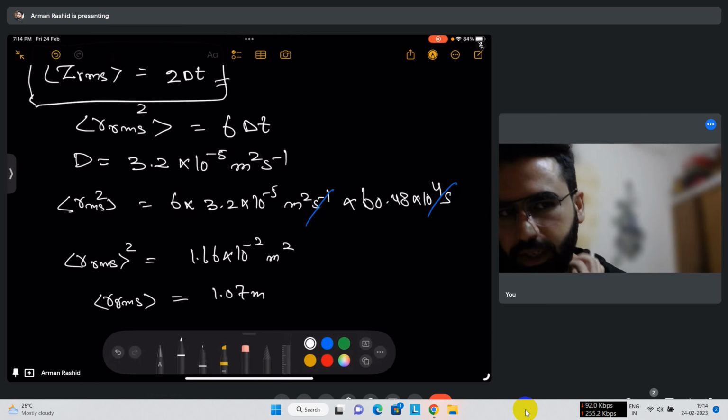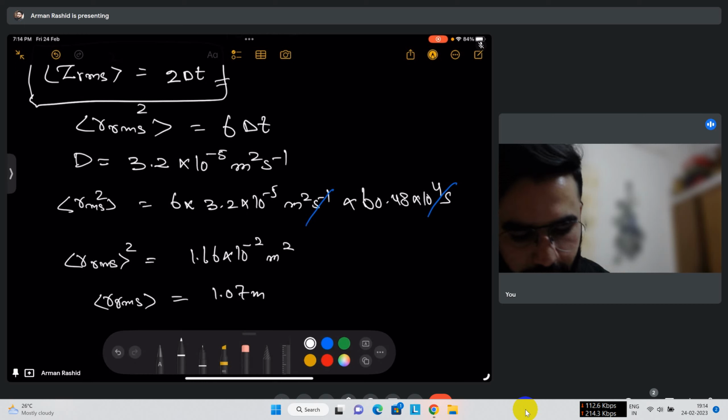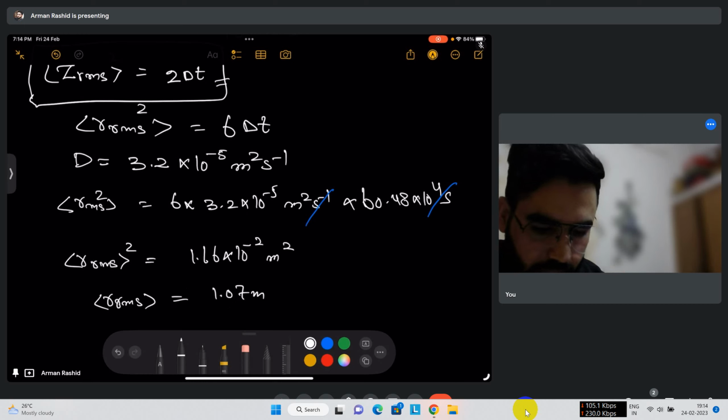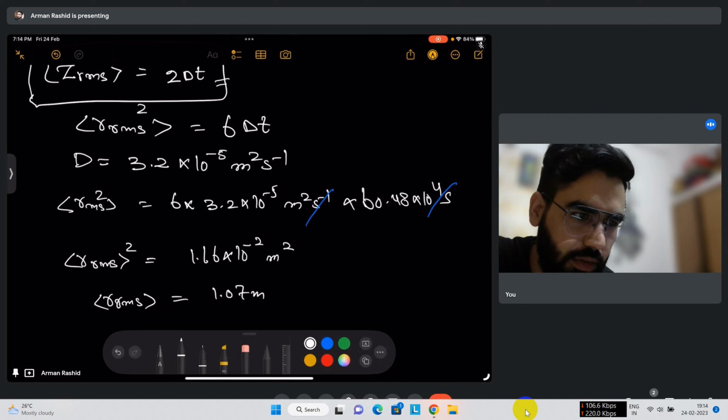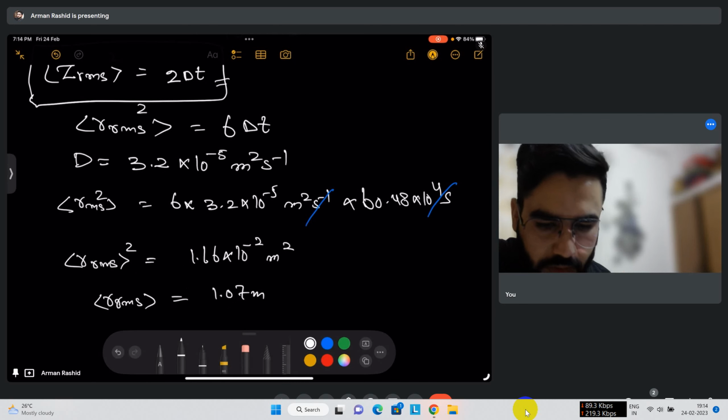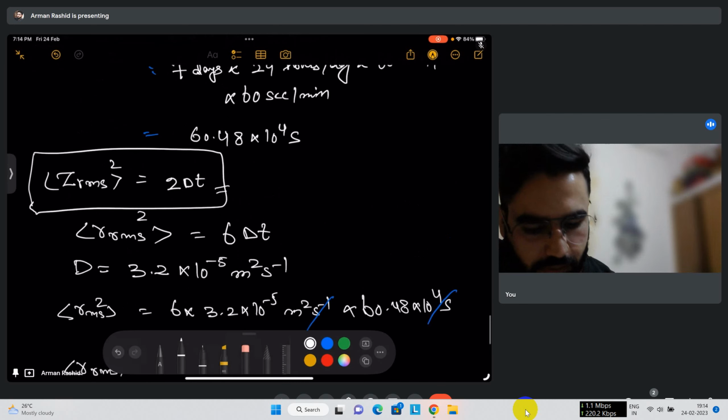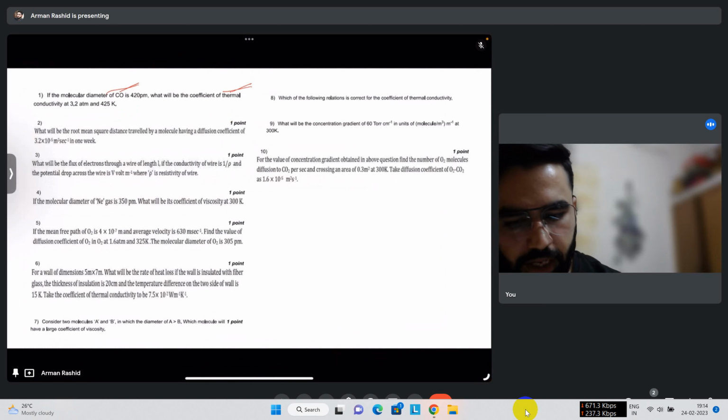So what we have taken here is the displacement. That displacement is the mean square, so we just took the root of this, and we determined the root mean square distance. The question was to calculate the root mean square distance traveled by a molecule having a diffusion coefficient.